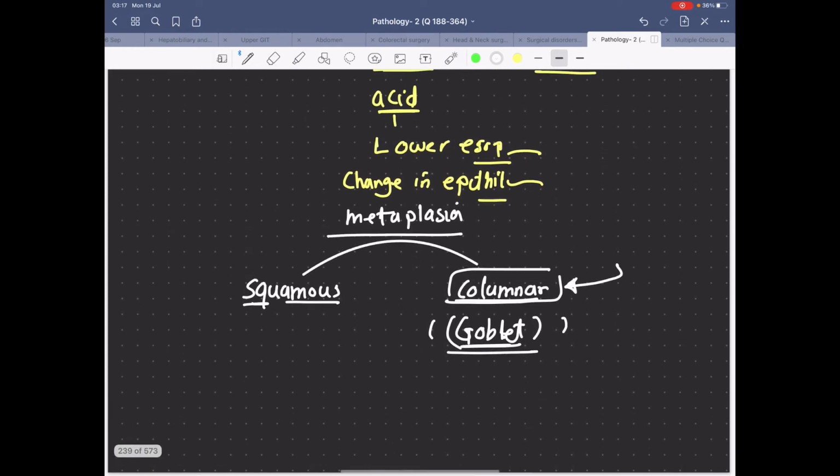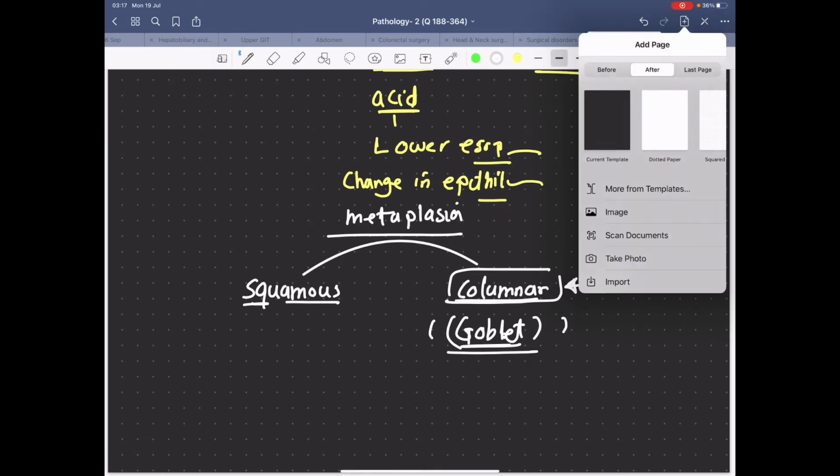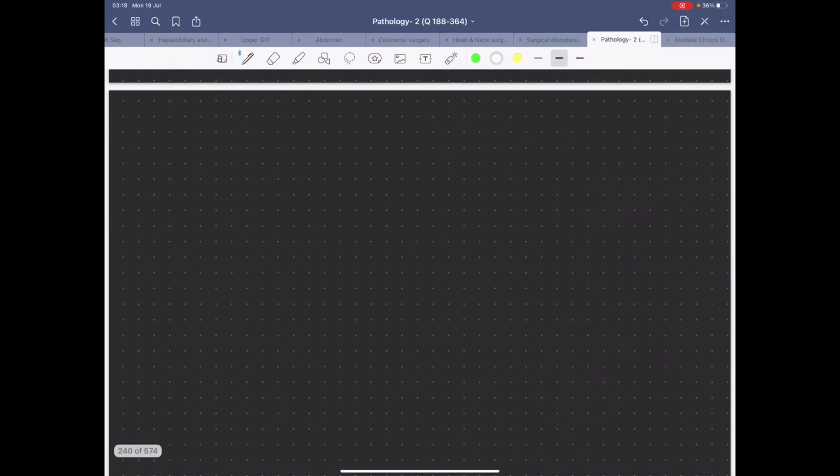And here comes another question, which is, how to diagnose Barrett's esophagus? The most confirmatory diagnosis is by doing two things. Number one is endoscopy.